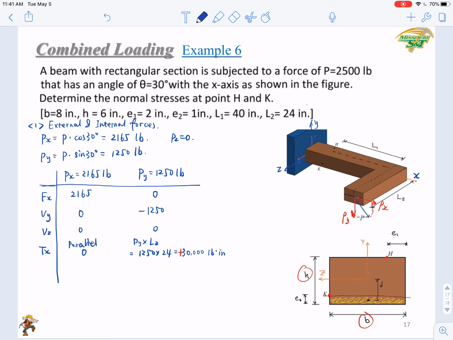Then how about My? Does Px make a My? Px? Yes, right? So what is the arm? L1 or L2? This will be L2, right? So Px times L2.